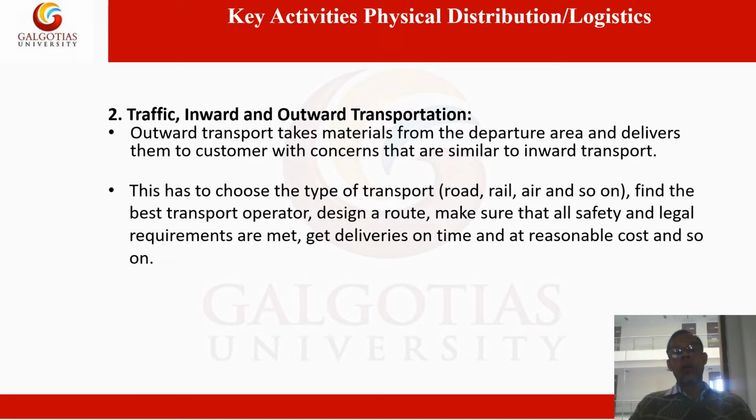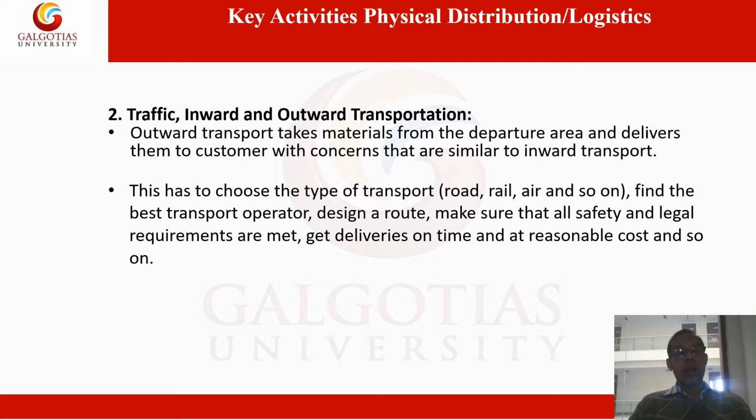Traffic and outward transportation. Outward transportation takes material from the departure area in the finished good warehouse and delivers them to the customer, with concerns that are similar to inward transportation, that is, supply from the supplier to the warehouse.